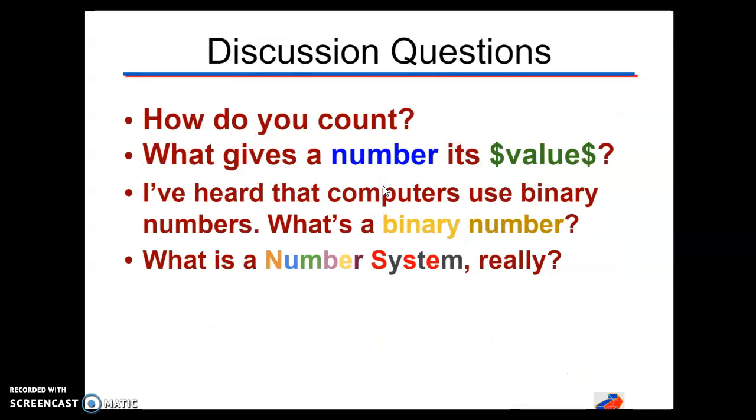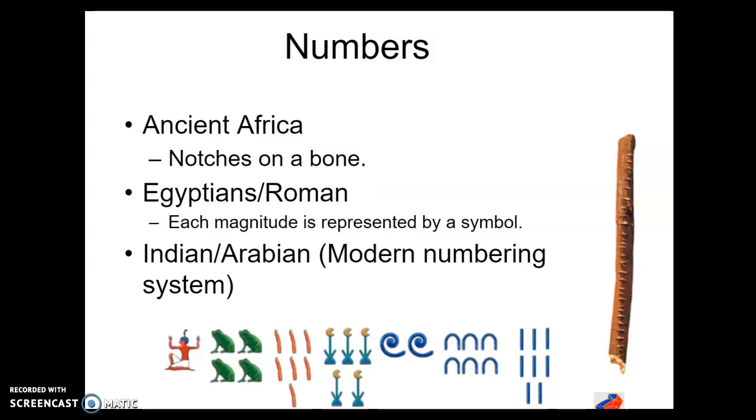So in order to understand, we need to first ask, how do we count, or what gives a number its value? We know that computers use the binary system, but what is really a number system? Numbers were used in ancient Africa, like notches on a bone, and Egyptians used symbols, and Indians and Arabs used number systems.